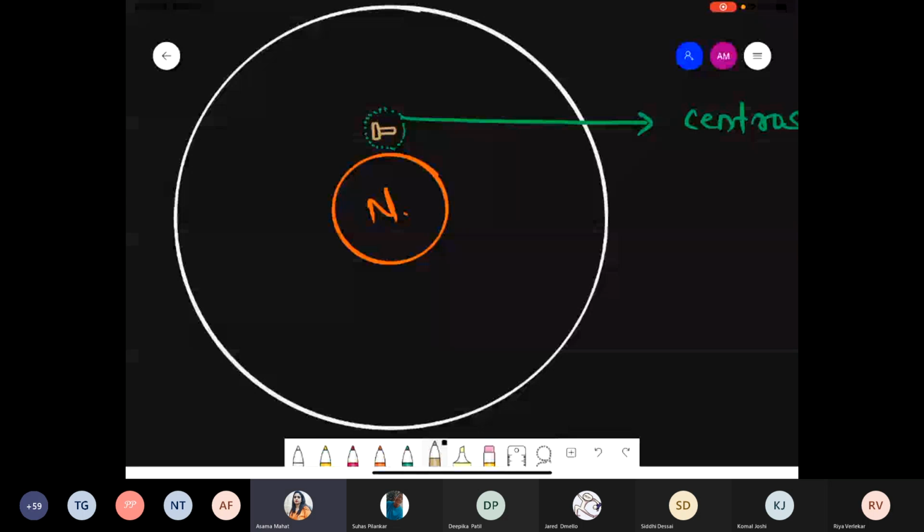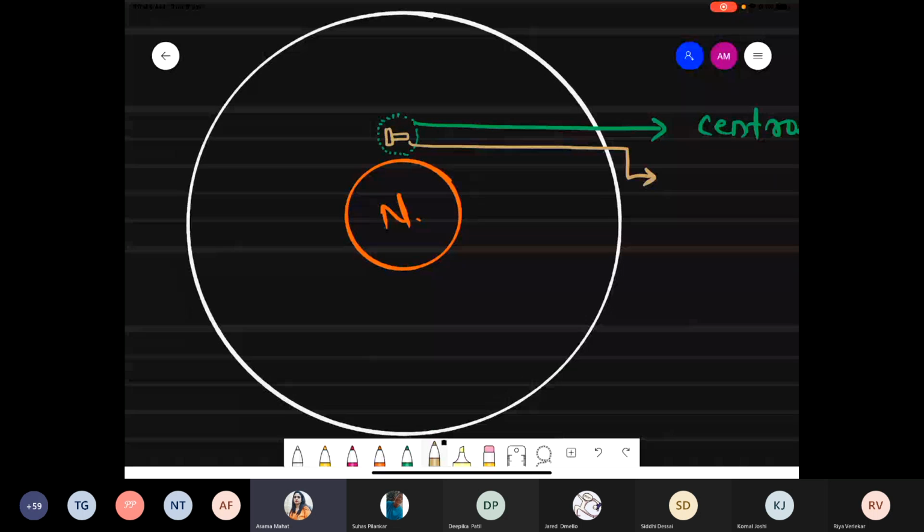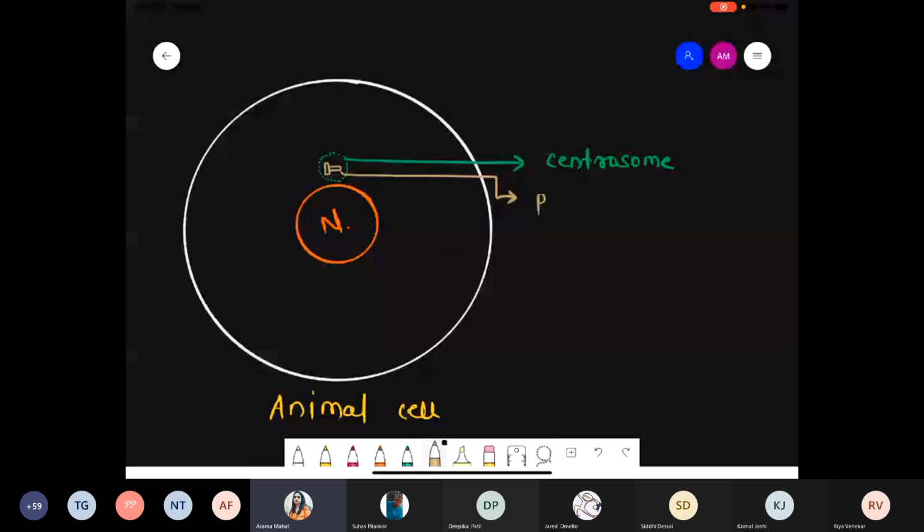This color represents the pair of centriole, which is arranged perpendicular to each other. So these are the pair of centriole. Centriole is present in pair, and the arrangement is perpendicular to each other.